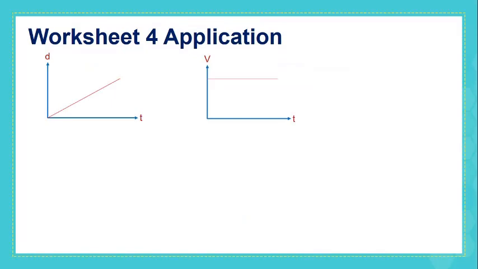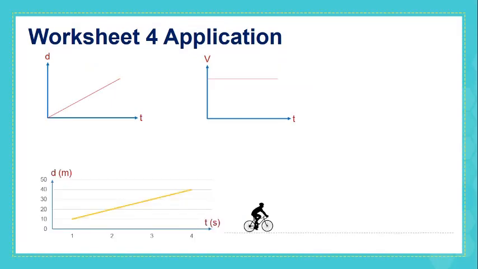Let's see these two graphs, starting with the first graph. Using numerical values, at time 1 second, the cyclist is at distance 10 meters. At time 2 seconds, the cyclist is at distance 20 meters. So, 10 meters are covered.